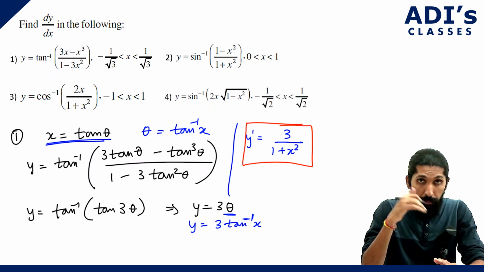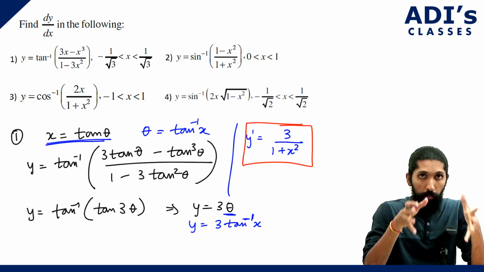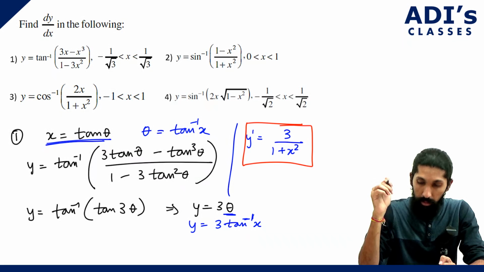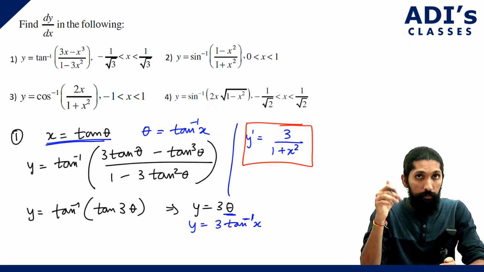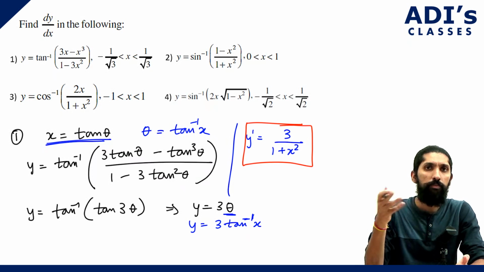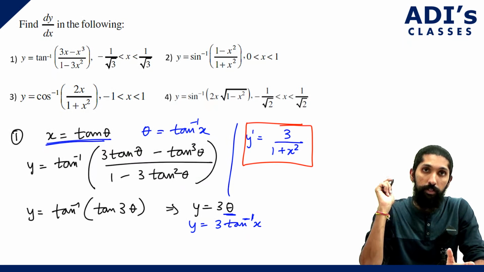Because we substituted x as tan theta, the entire problem just got reduced to 3 tan inverse x. If you remember the formula in inverse trigonometric functions, fantastic. If you don't, just apply this one step, you'll get the answer. This is the answer for the first one.